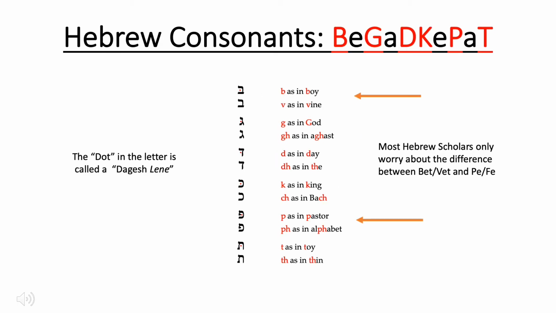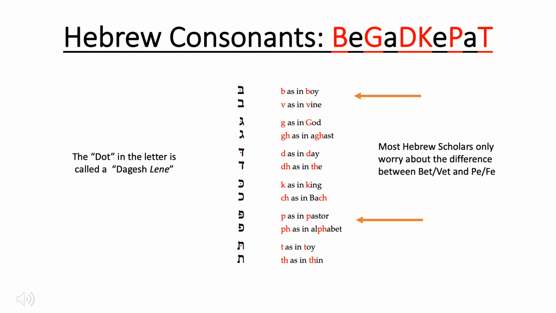6 of the letters of the Hebrew alphabet have 2 pronunciations. We sometimes refer to these 2 pronunciations as strong and weak, or hard and soft. The technical terms are plosive, think explosive, and fricative, think in terms of friction, which produces that second sound.